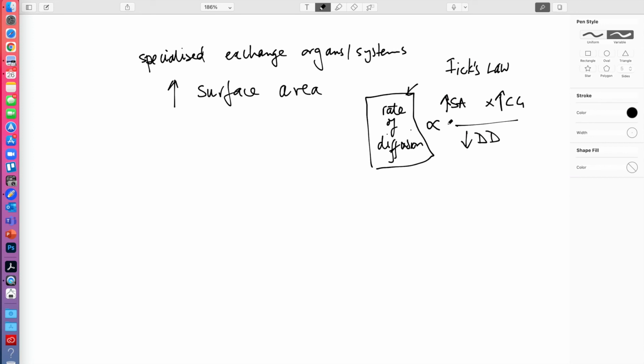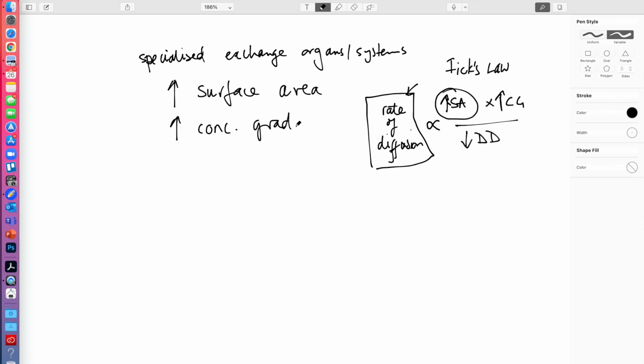So, apologies. But in terms of Fick's law, how that relates to exchange systems is that they all have evolved to have a high surface area. That's this. They all have evolved to somehow maximize the concentration difference. Okay, so they have a high concentration gradient.